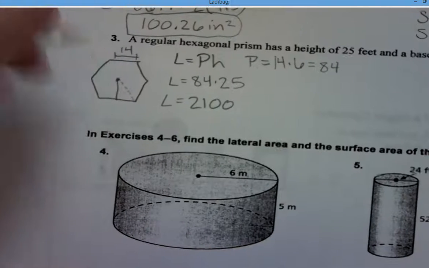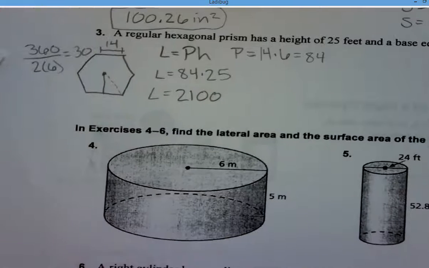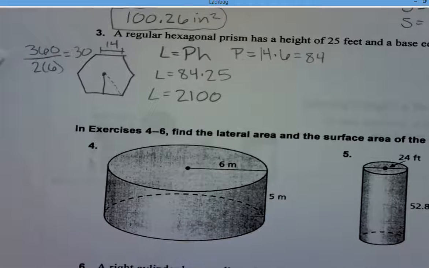Okay, it's a hexagon. If you don't remember the central angle of a hexagon, it's 30. Hopefully we're getting to the point where we're remembering that a hexagon is a 30, 60, 90 triangle. If you're not, that's okay. You get lots more practice throughout this unit.